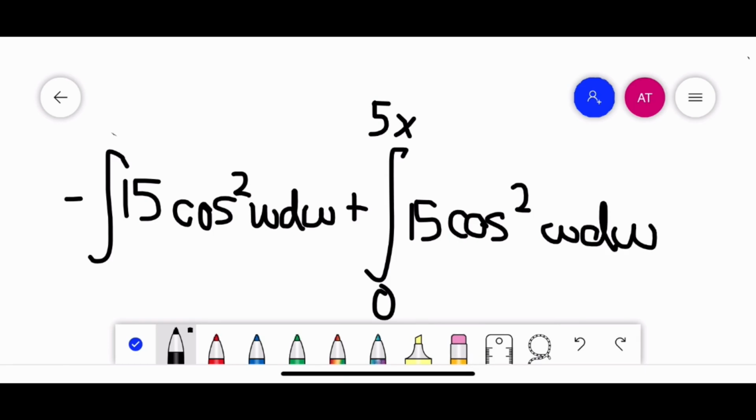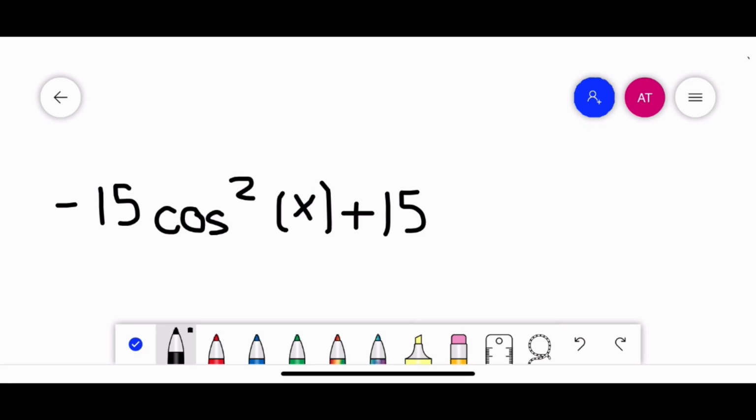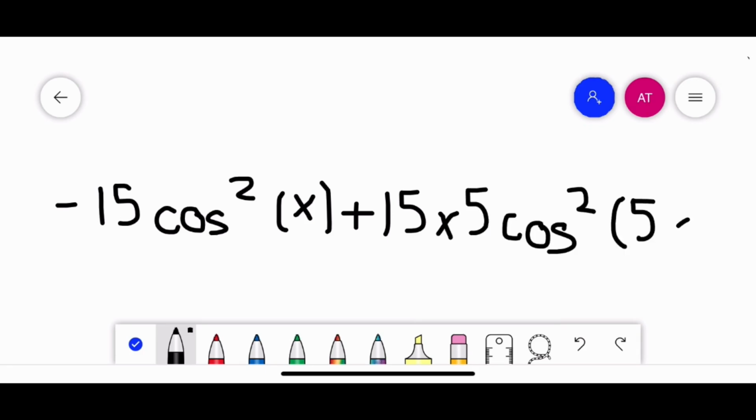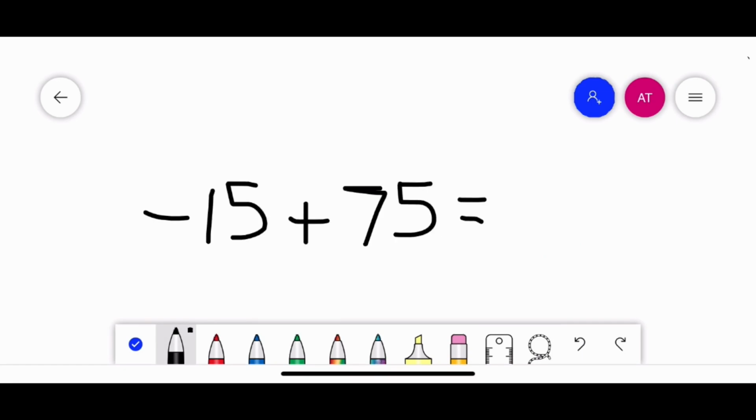And we flip the first integral so it becomes minus from x to 0, 15 cosine squared w dw. They want us to find f prime of 1, so it becomes minus 15 cosine squared x plus 15 times 5 cosine squared of 5x. And if we substitute 1 into that, we get minus 15 plus 75, which is equal to 60.